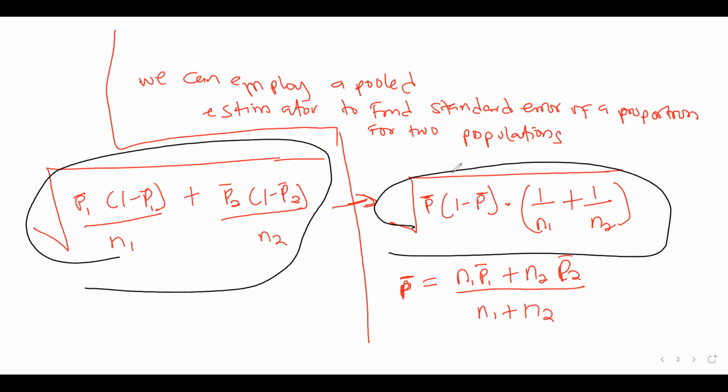But mostly, the second one is preferred. Mostly in exams, the second one is preferred. Or it may be a little more accurate than the first one. But with the second one, you have to compute the pooled proportion, then send it back into the formula. That makes it a little difficult.